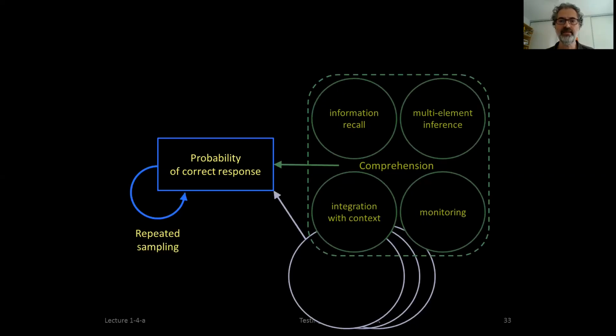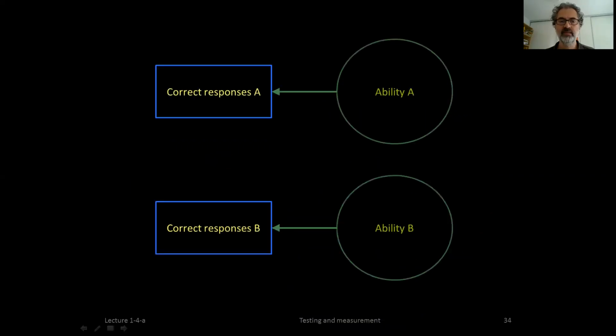Or you can get a test which is very reliable by focusing on only one of them and then ignoring the others, thereby not getting a test of comprehension, but of something much narrower. The opposite problem is also possible. So imagine that theory tells you there are two different kinds of abilities, and each kind of ability leads to correctly or incorrectly answering different kinds of questions or providing different kinds of information.